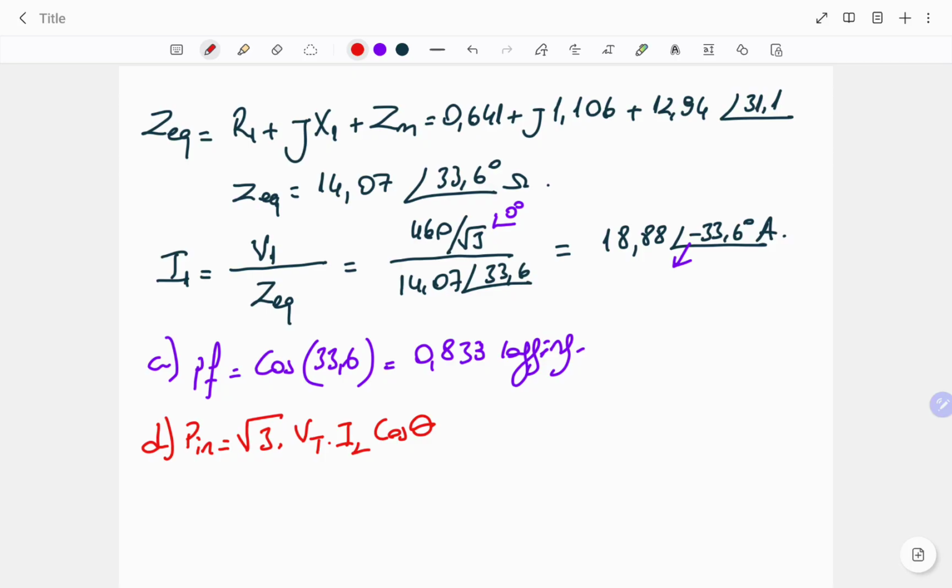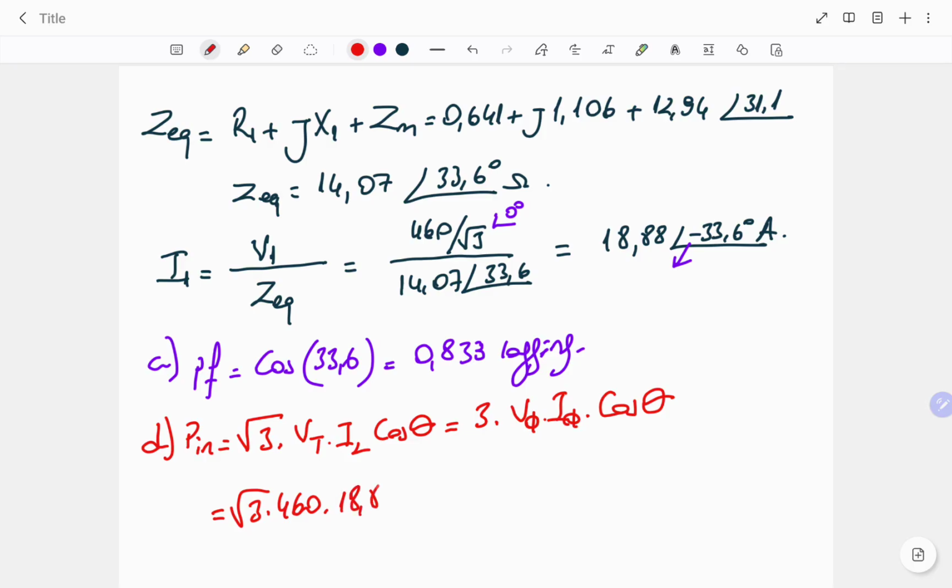Or with the other version of the input power expression, we can write 3 times V phase, I phase, and cosine theta. For the first one, 460 is the terminal voltage of the circuit, and IL can be used directly for the terminal current also, because we have a Y-connected system.